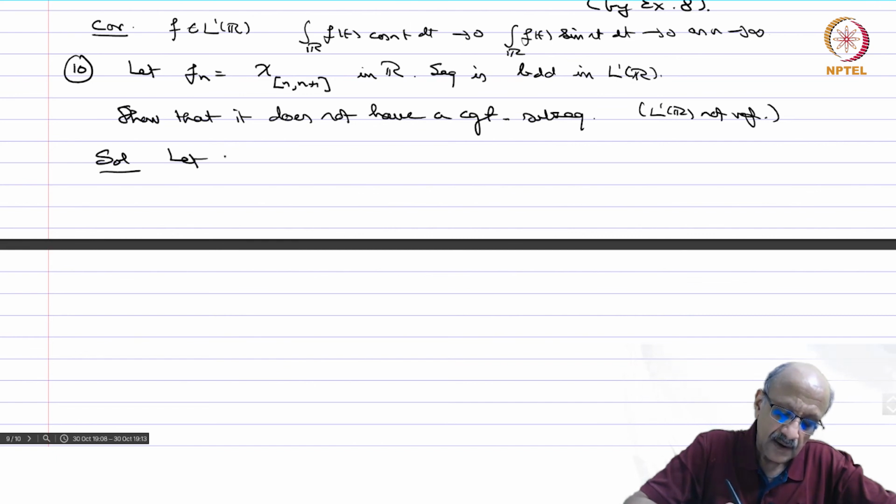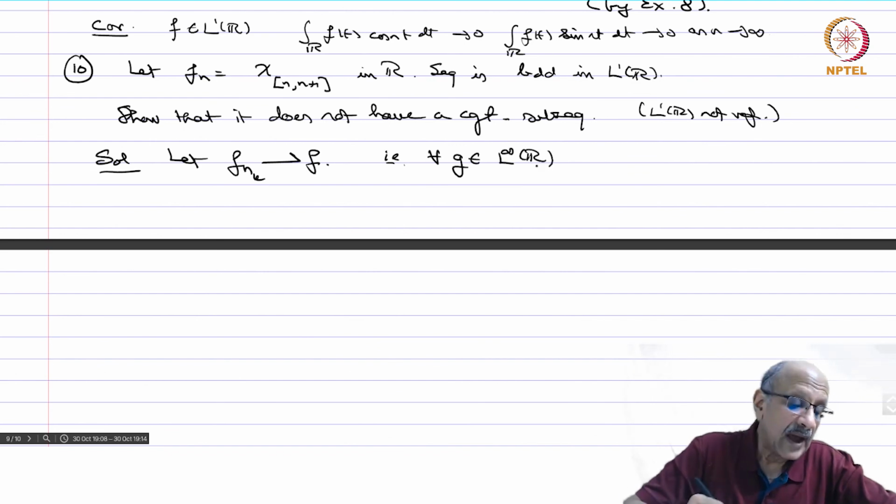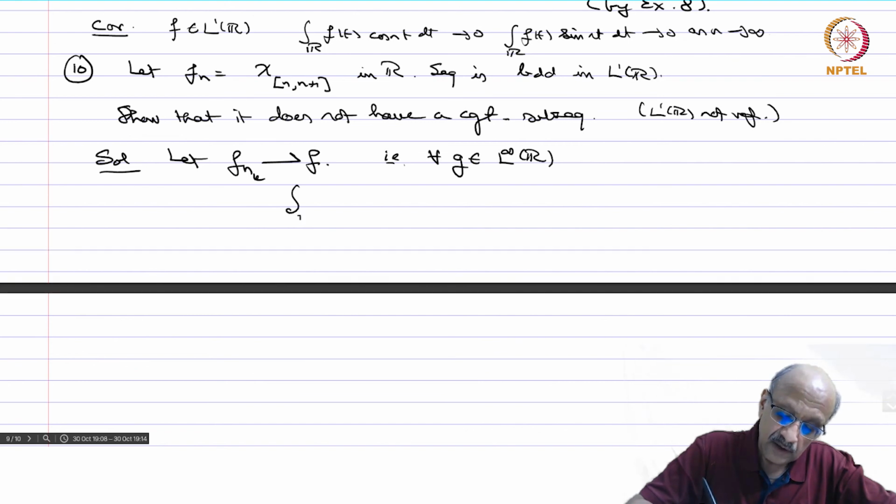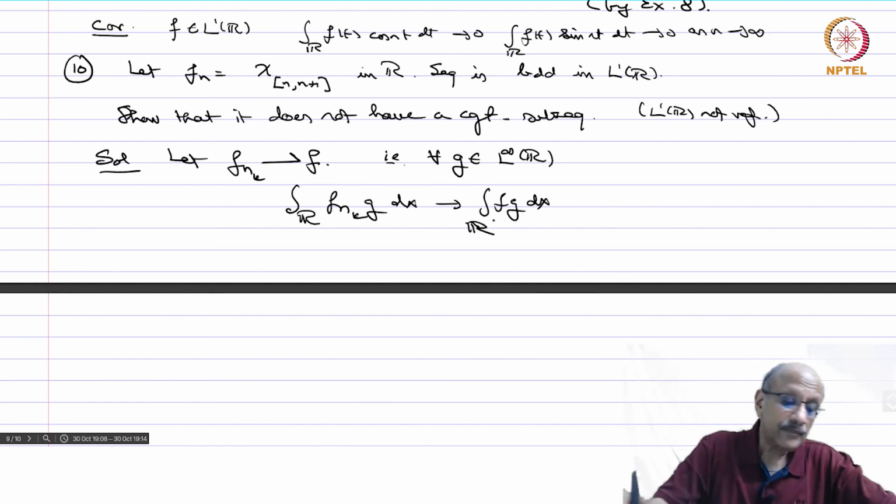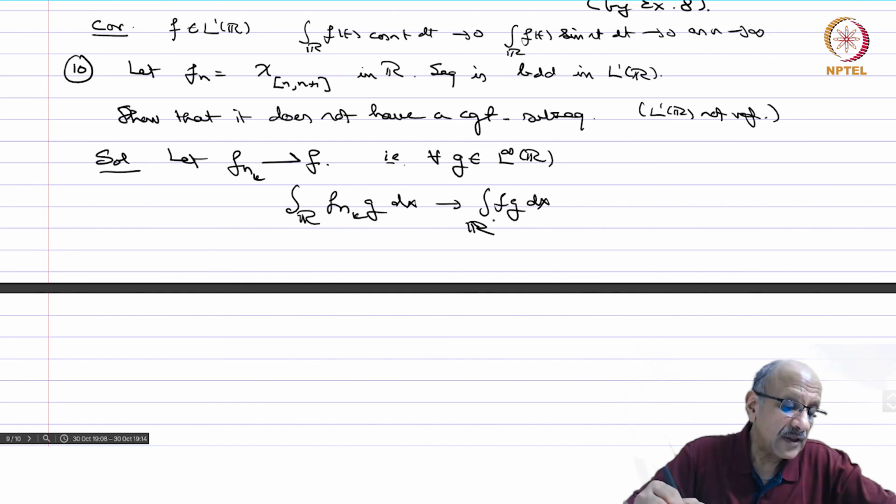Let f_{n_k} weakly converge to f. So that means, for every g in the dual space, that is L infinity of R, we have that the integral over R of f_{n_k} g dx goes to the integral of fg dx. Okay, but what is f_{n_k}?